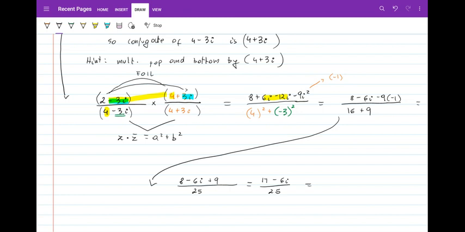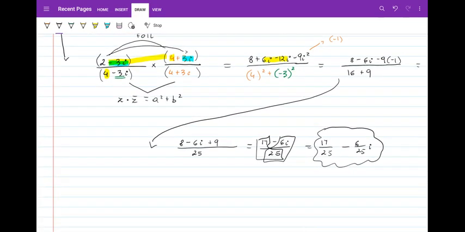So we're just going to split that 25 here. So this is the same as 17 over 25 minus 6 over 25 i. Okay, and this is the final answer, standard form. The real part is 17 over 25. The imaginary part is negative 6 over 25.